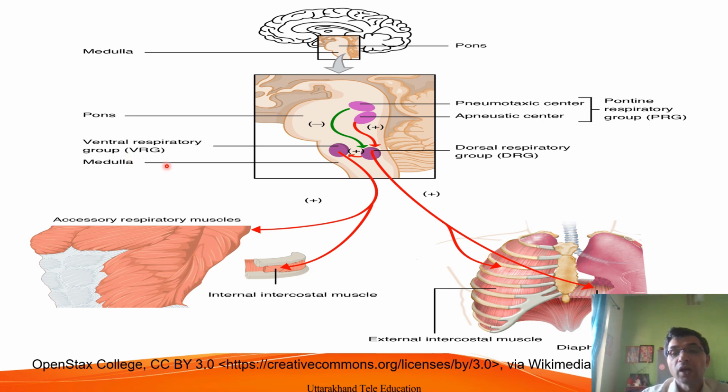These respiratory group neurons act on the intercostal muscles, the external intercostal muscles and diaphragm, and the ventral respiratory group regulates the accessory respiratory muscles as well as the intercostal muscles.